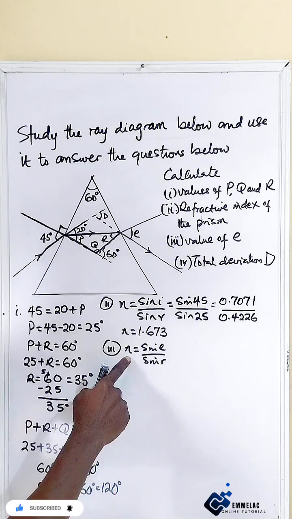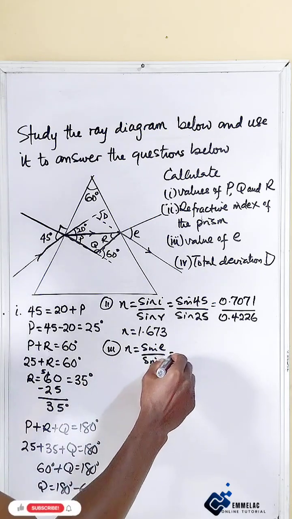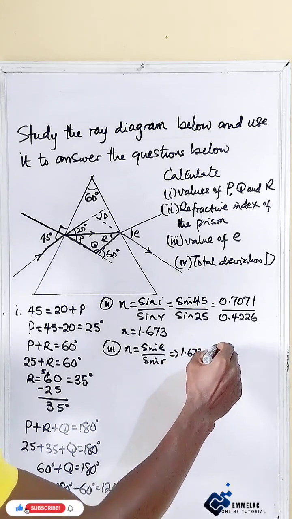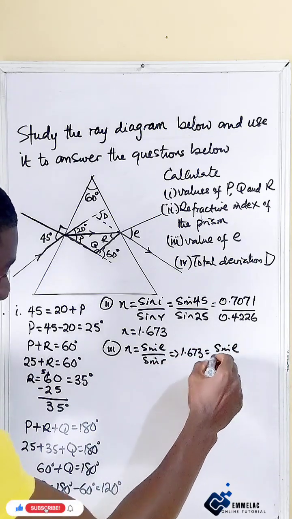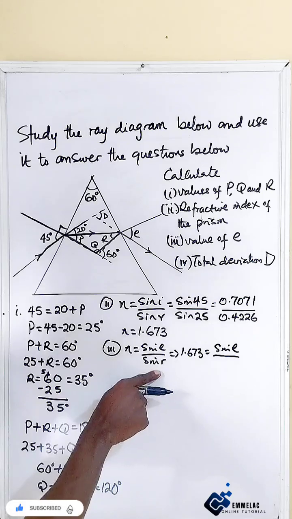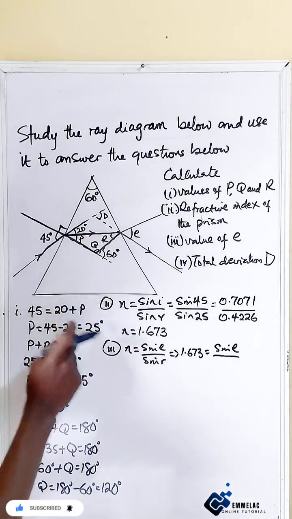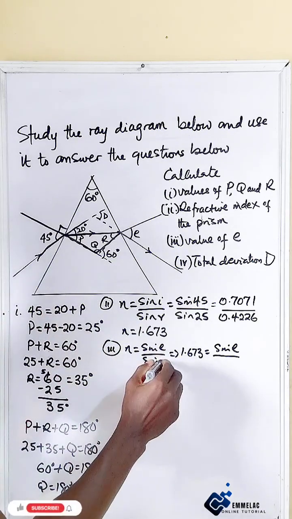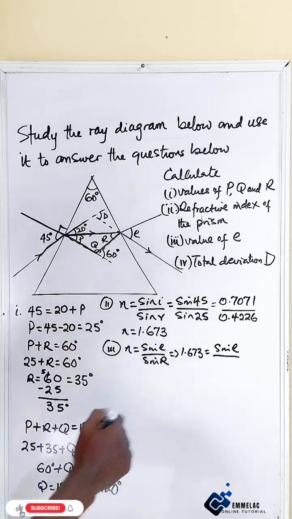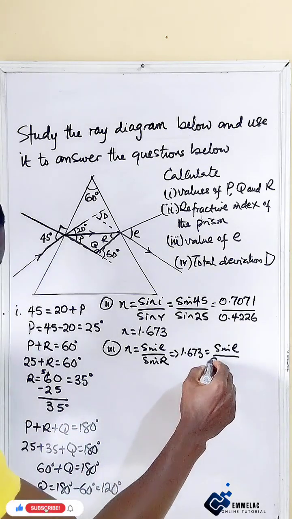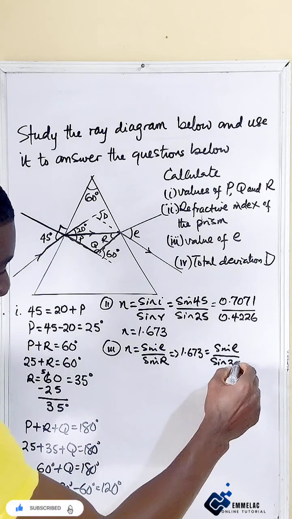The refractive index of the prism is given as 1.673, which equals sine E over sine R. Here R is the capital R, and R is given as 35. So this is sine 35.